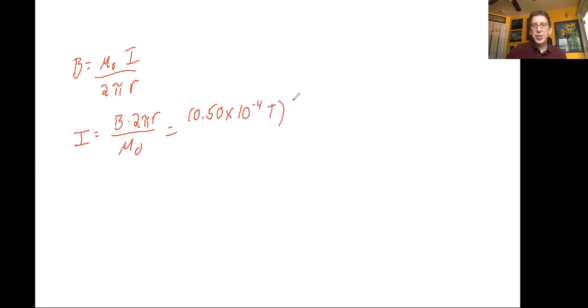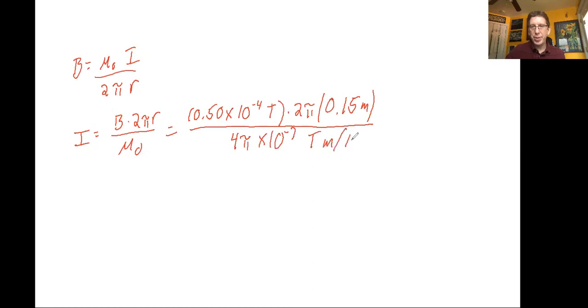And then that's times 2 pi. And the radius, or the distance you are away from the wire, is 15 centimeters, or 0.15 meters. And you're dividing by 4 pi times 10 to the negative 7 Tesla meters per ampere.